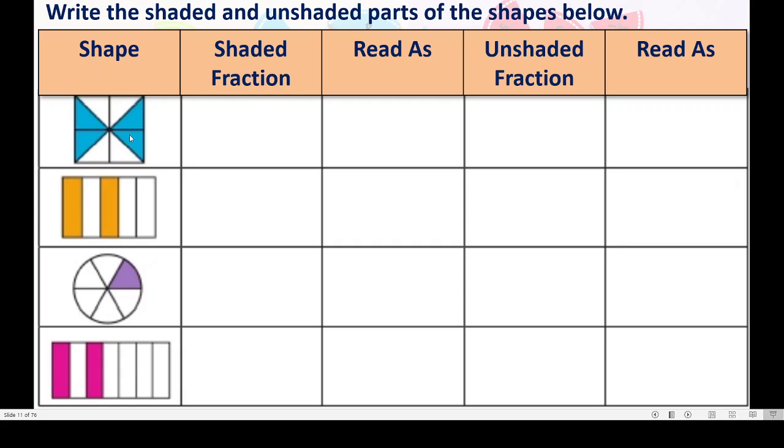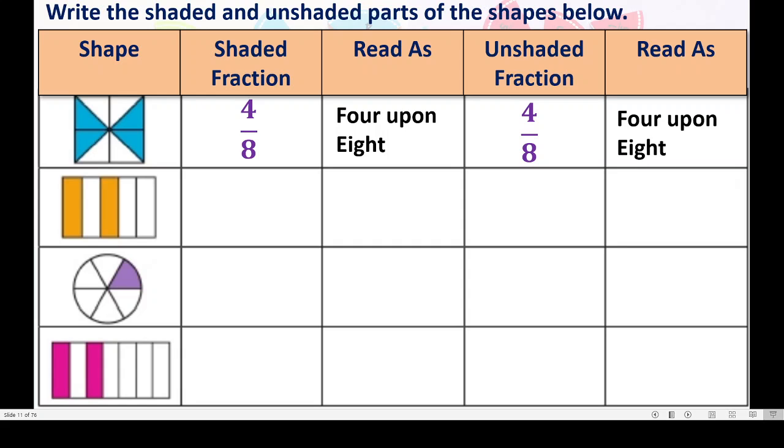Total parts are 8. Out of them 4 are shaded. Right? So the answer is 4 upon 8. Isn't it? How to read this? Yes, 4 upon 8. Now come on, we will write the unshaded fraction. 1, 2, 3 and 4. Same thing, 4 upon 8, and how to read? Read as 4 upon 8.